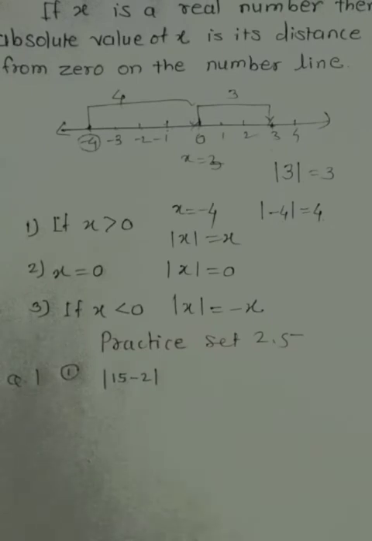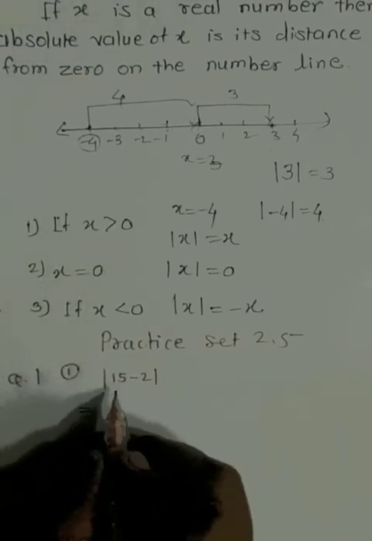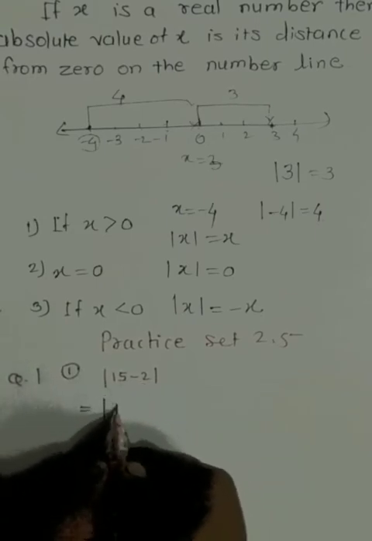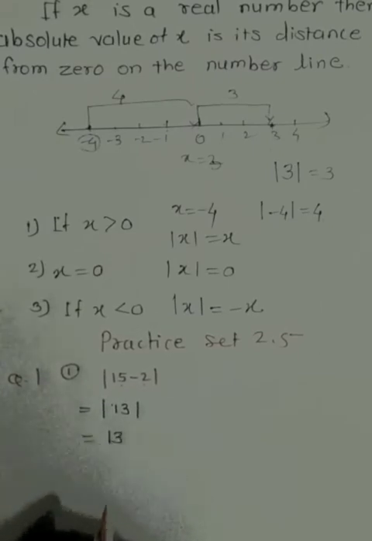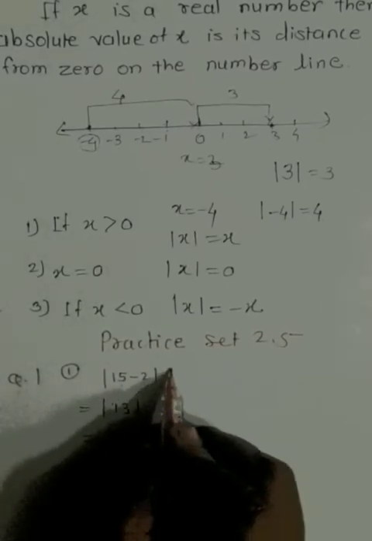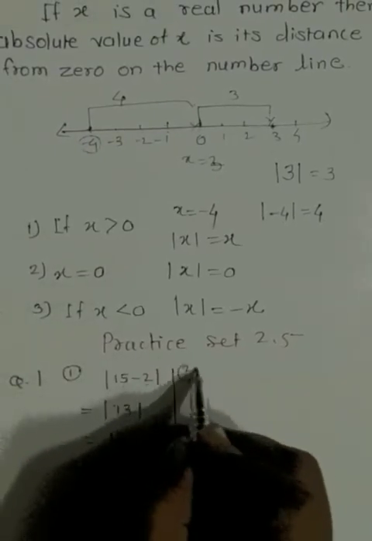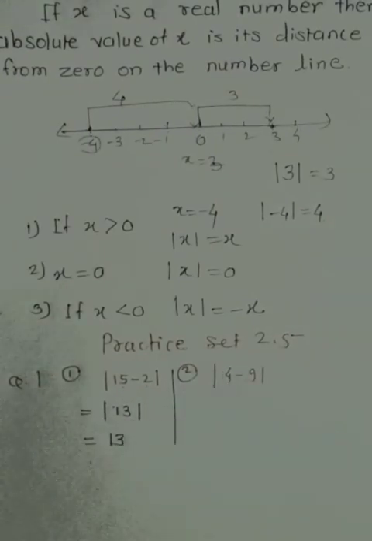It is also called the absolute value of 15 minus 2. First we have to solve the expression given inside the modulus sign. 15 minus 2 is equal to 13, and the modulus of 13 is simply 13, and that is the first answer. Now the second example: modulus of 4 minus 9.